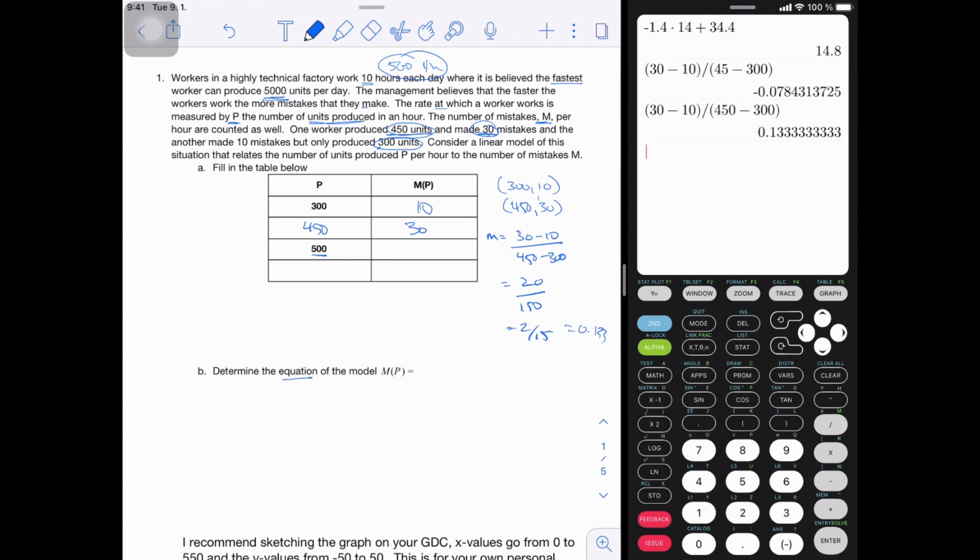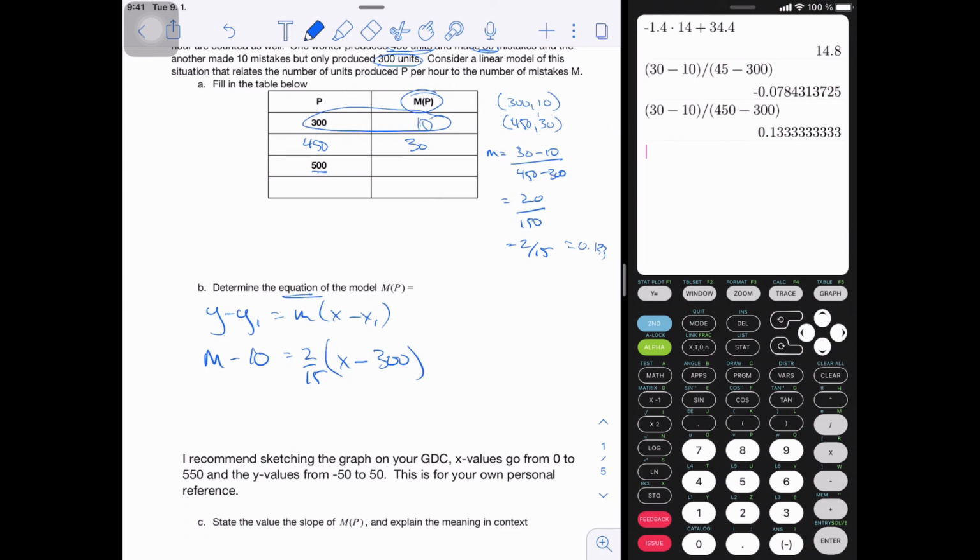And so now that I have my slope, I can actually find the equation by using y minus y1 is equal to m times x minus x1. Well, I know that M is my y value, so it's M minus, and we'll use this top point, M minus 10 is equal to 2 over 15, my slope, times x minus 300.